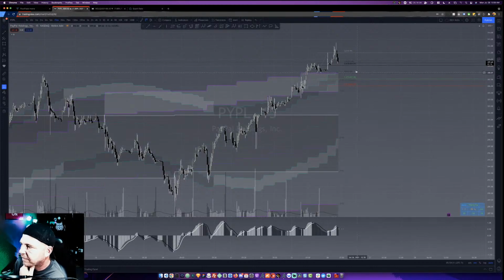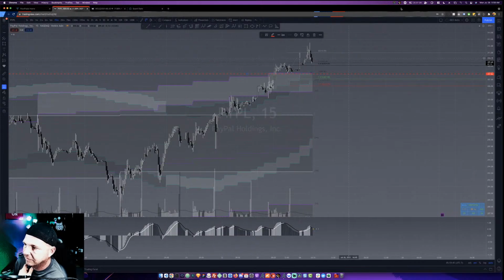I would look for PayPal to pull back to, like I said, we'll just call it 308 for the next continued move up, which is that previous high. So I'd like PayPal to pull back to here for the continued move to the upside.